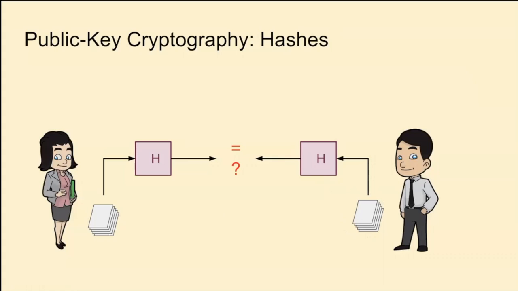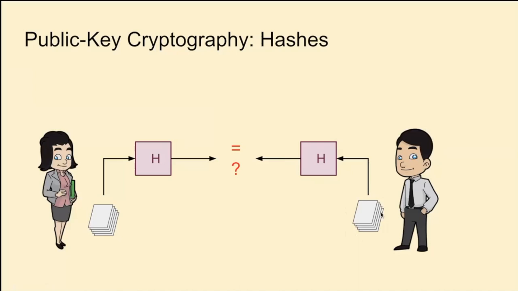I think there are two common uses of hashes. One is simply efficiency, to save computer storage and communication bandwidth. Let's suppose Alice and Bob have both downloaded the complete works of human literature from the internet, some massive document, and they're curious as to whether they both got the same version of it.